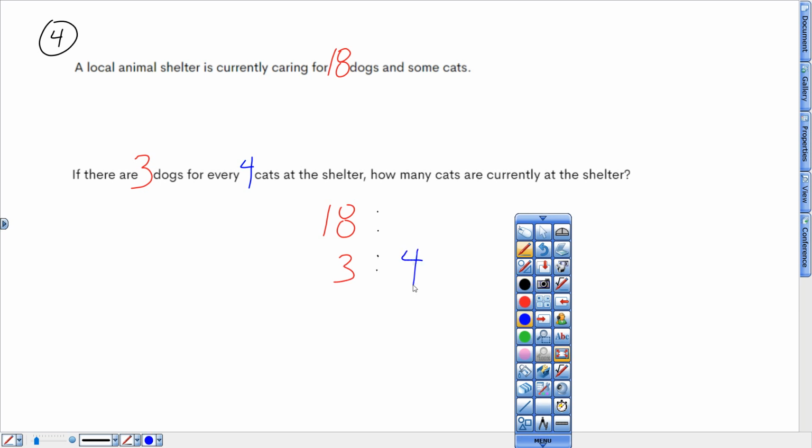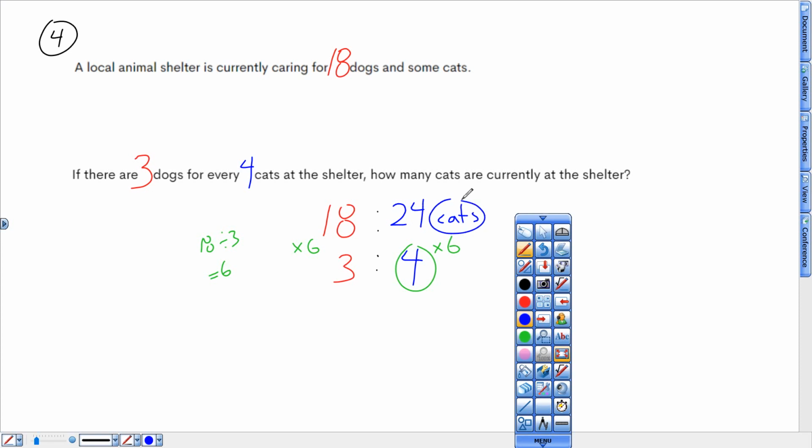And all I have to do is look at these two numbers and see what I'm timesing 3 by. I could take 18 and divide that by 3, and that will spit out 6. Looks like I'm timesing this by 6. So go over there to that 4 and times that by 6, which will give you 24 cats. That's how we got cats on that one with that unit, 24 cats.